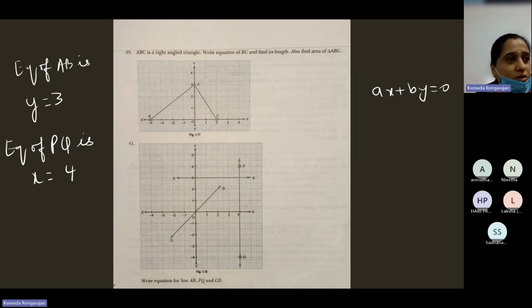If a line is parallel to the x-axis, what will be the equation? Y is equal to a number, right? That variable x is missing. If a line is parallel to the y-axis, then the equation is x is equal to a number. X is equal to a number, so x is there, constant is there, y is not. And if there is no x and no y, but no constant, it will pass through the origin.